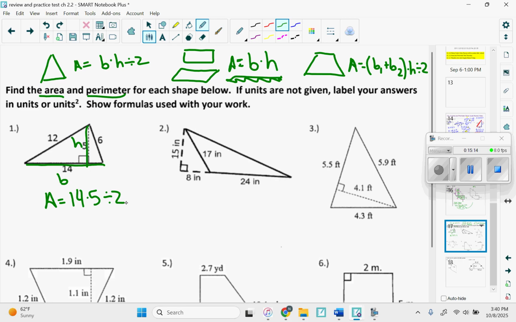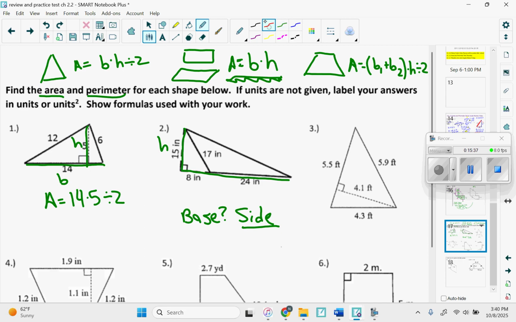On the next one, again, I want to label my base and height, so I'm going to trace my right angle. This one's trying to trick you a little bit. 15 is my height, but the question is, which one is the base? Well, the base is always a side of the triangle.